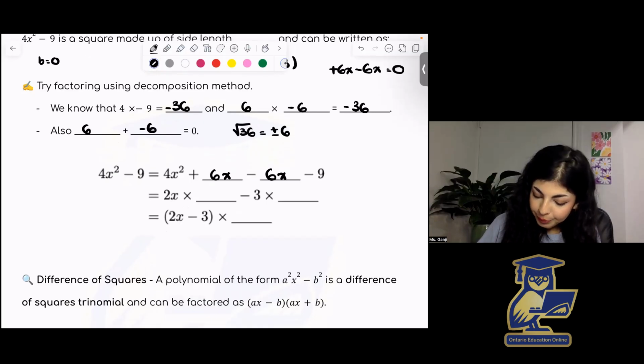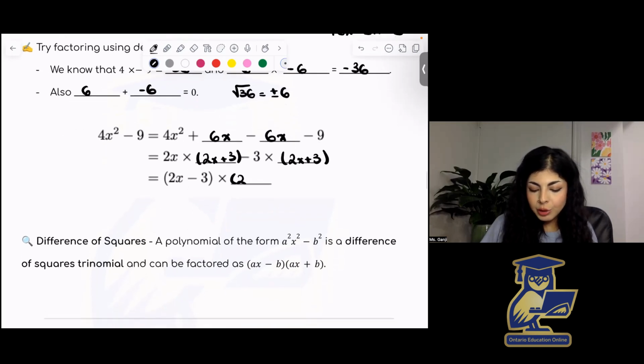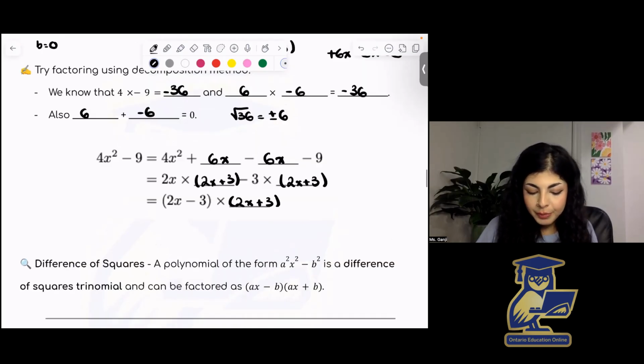And now, if I factor out the 2x from here, we would get 2x plus 3. And if I factor out the negative 3 from here, I'll get also 2x plus 3. And they both have that 2x plus 3 in common. And so here we have 2x minus 3 times 2x plus 3, which is what we were expecting.